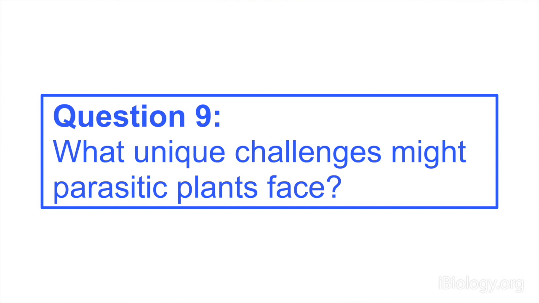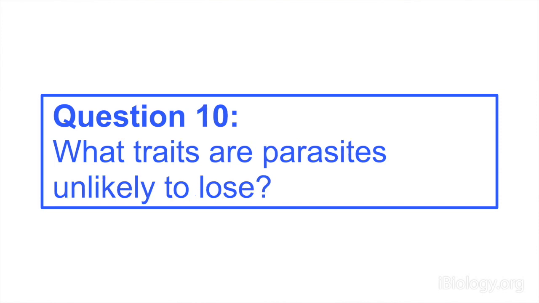Stealing from a host might seem like an easy way to get through life, but what are some of the difficulties that are associated with this lifestyle? And finally, what traits are parasites unlikely to lose? Another way to think about this is what traits could a host not compensate for if a parasite were to lose them?